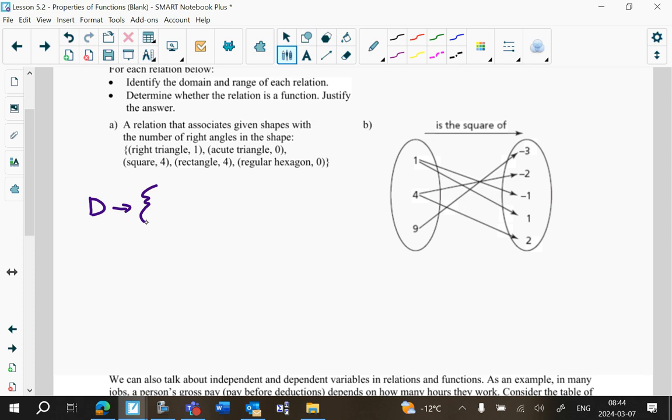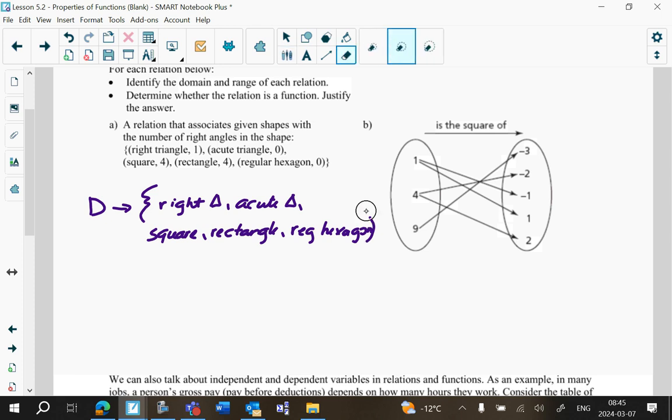So for the domain, it would be a right triangle, an acute triangle, square, rectangle, and regular hexagon. That's it.